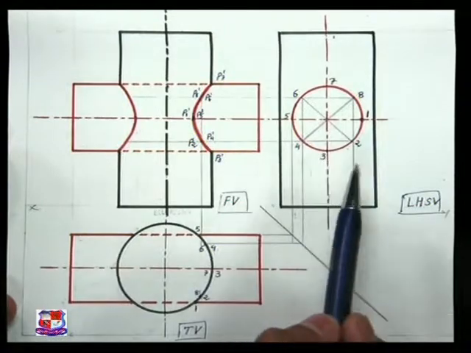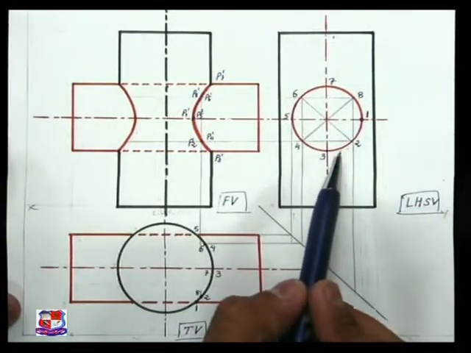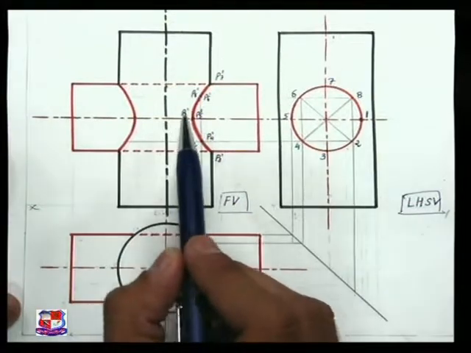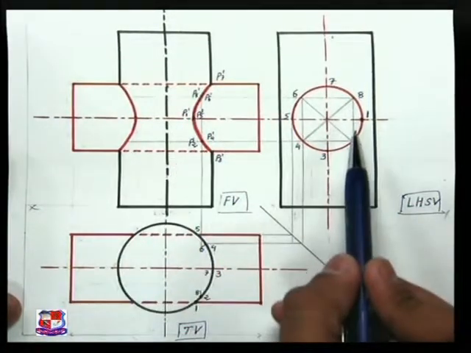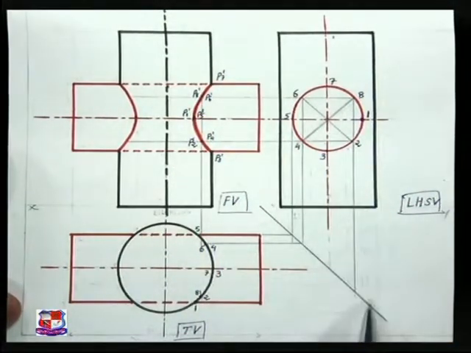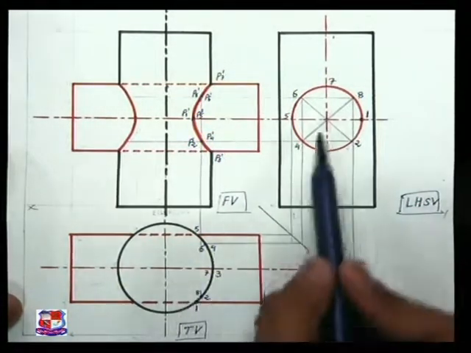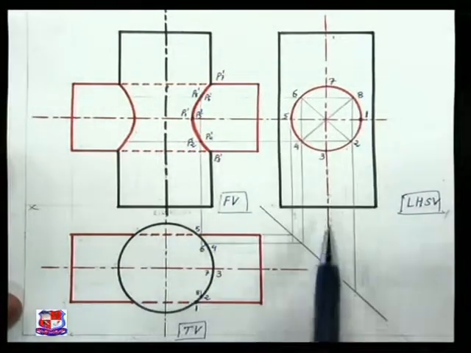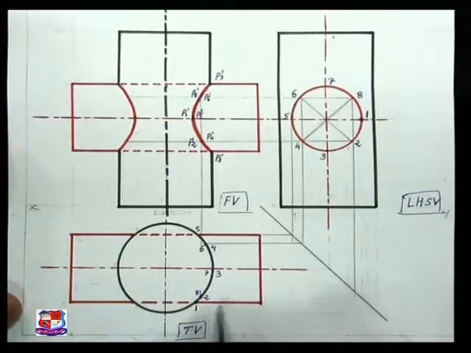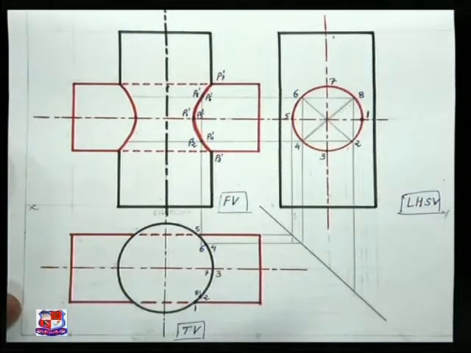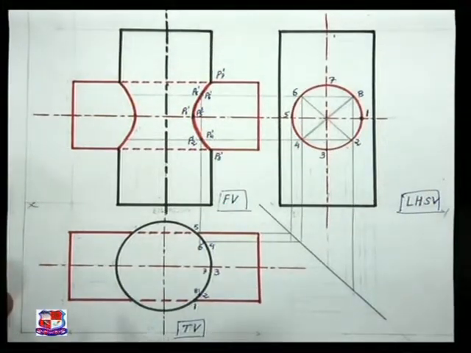Now project these 8 endpoints to its side view and front view. From 1, draw a vertical line, horizontal line; 2, vertical line, horizontal line; 3, 4, 5, 6 and so on. So here 1, 2, 3, 4, 5, 6, 7 and 8 points are there in the side view.